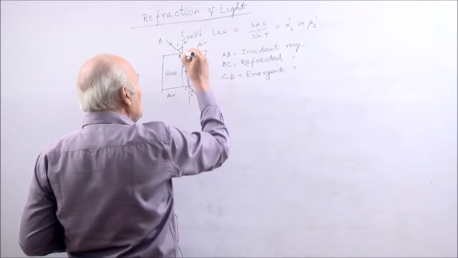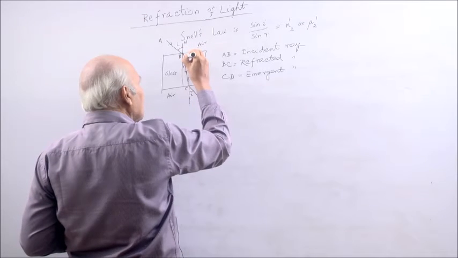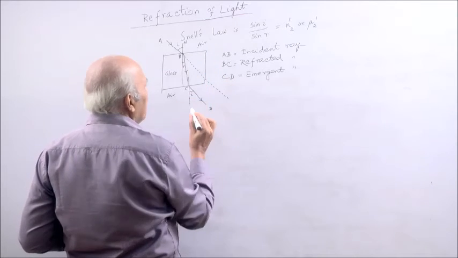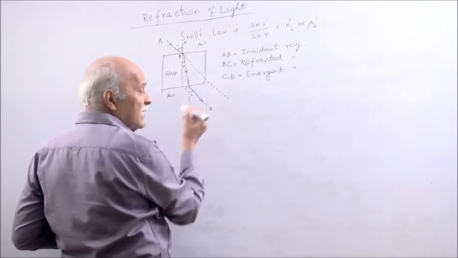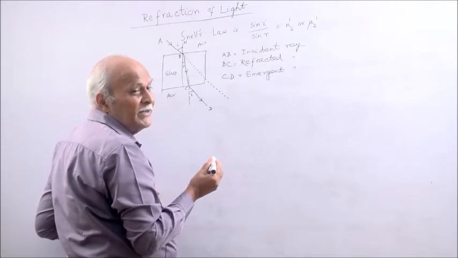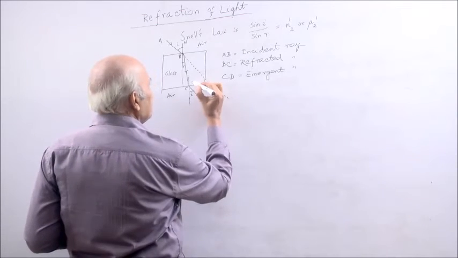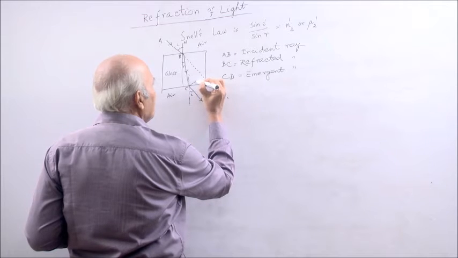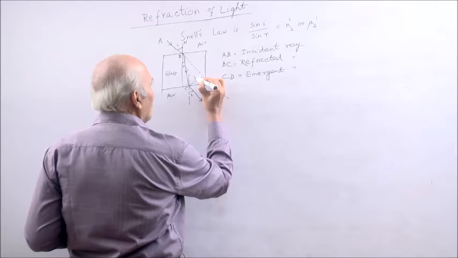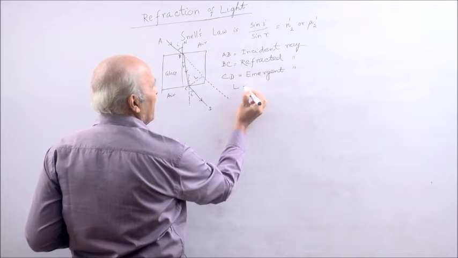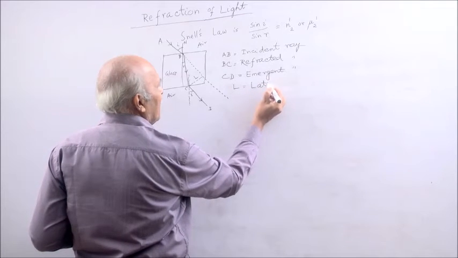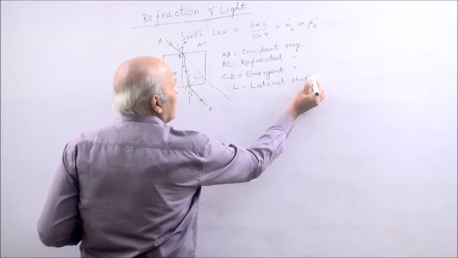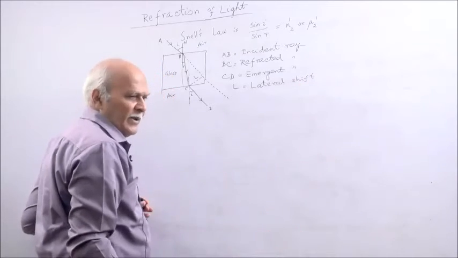And suppose you extend the incident ray, then it is found that the emergent ray is laterally shifted. That means sidewise it is shifted, and the amount of shifting is called L. So L is called the lateral shift, or sometimes lateral displacement.